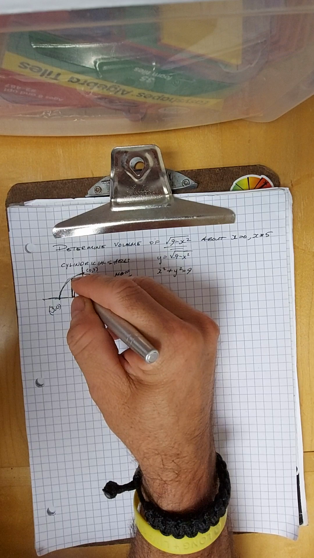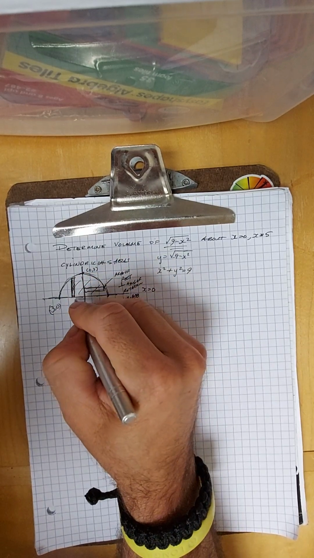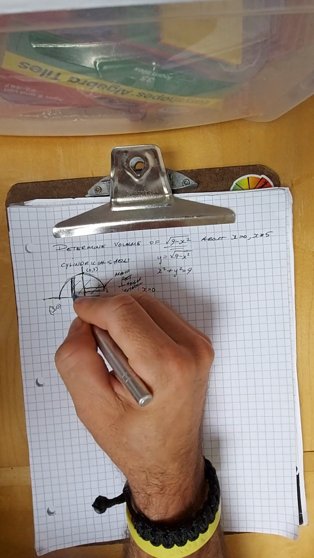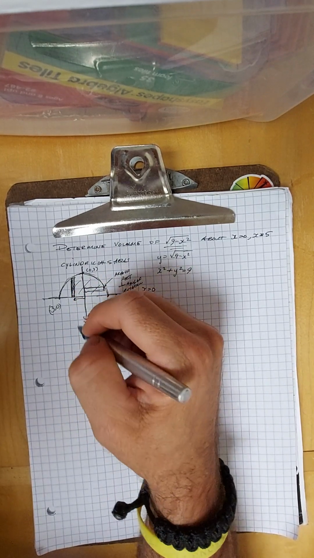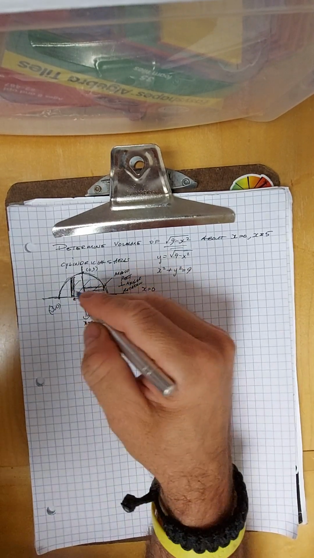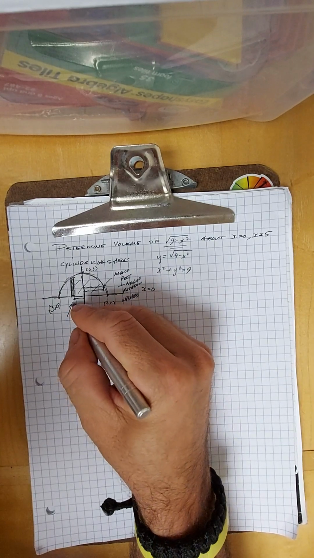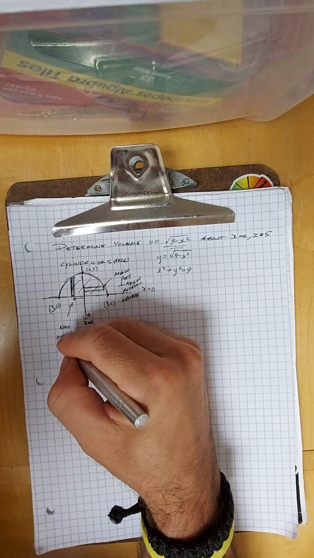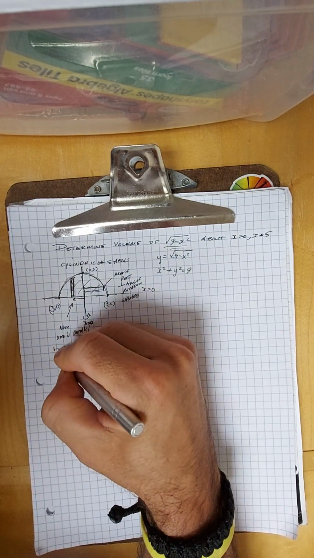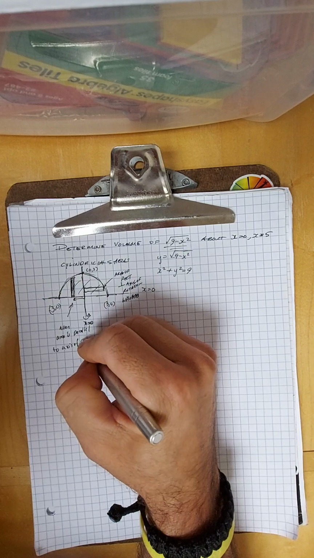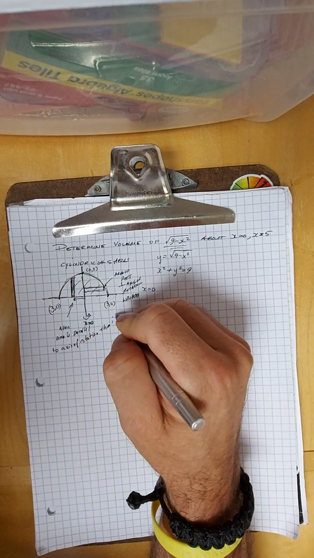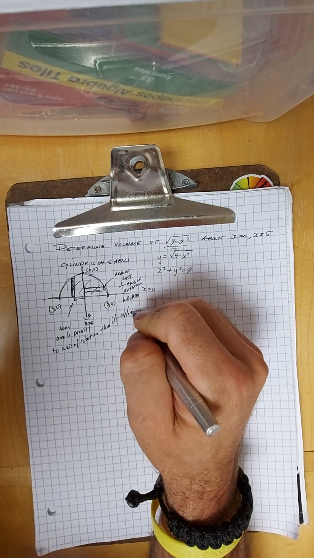We're going to construct our rectangle in this fashion, and the rectangle, the area that's going to generate the volume as we rotate, is so when the area is parallel to the axis of rotation, then it's cylindrical shells.